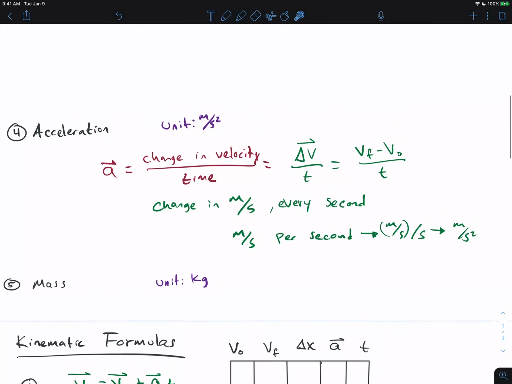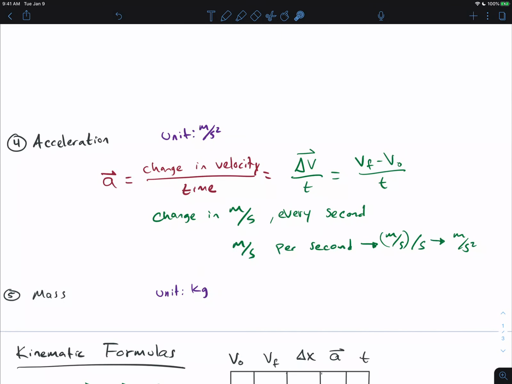And the last thing here I'm going to focus on for this video is going to be mass, super quickly. We're not going to get into this until we start talking about forces. The thing that I want you guys to know is that mass is kind of how much matter is something, right? So mass is not exactly weight, okay? Your mass doesn't change whether you're on Earth or in space.